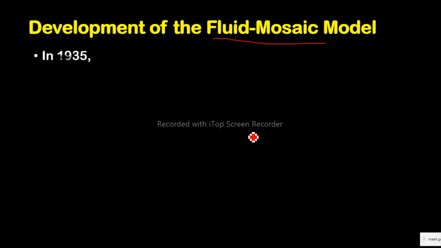So let's talk about it. Now, as early as 1935, can you imagine, nobody knew about a cell membrane. Maybe some few people who were just hypothesizing, just postulating some conspiracy theories about a cell membrane.